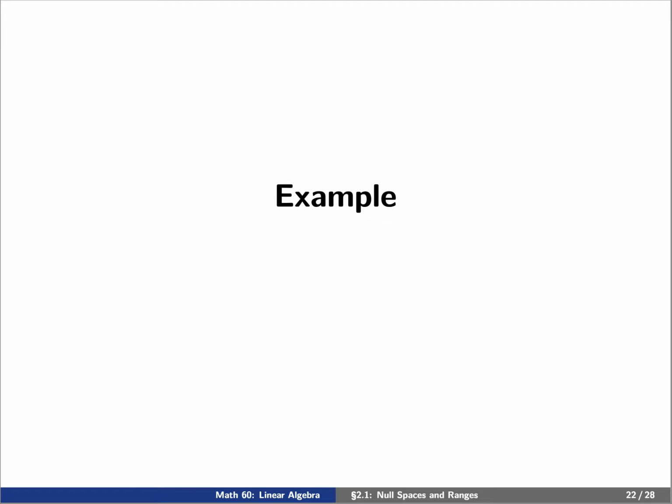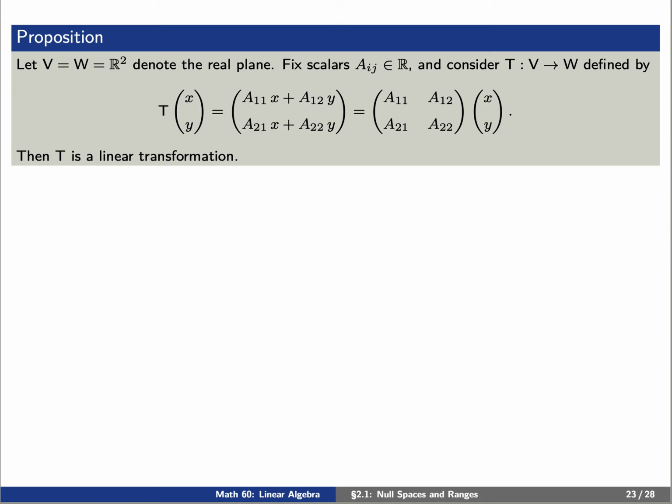We'll give a very quick example of this since we do want to discuss more examples in the future. Let's consider now the real plane, and let's consider scalars so that we have now a linear transformation involving a 2 by 2 matrix. This we discussed at the beginning of the lesson today.